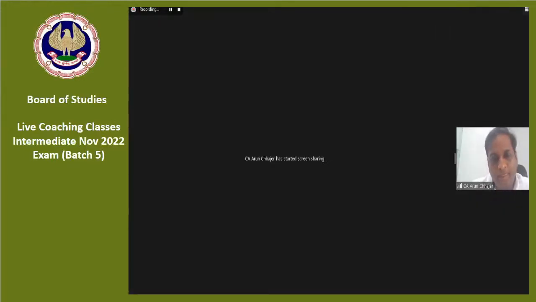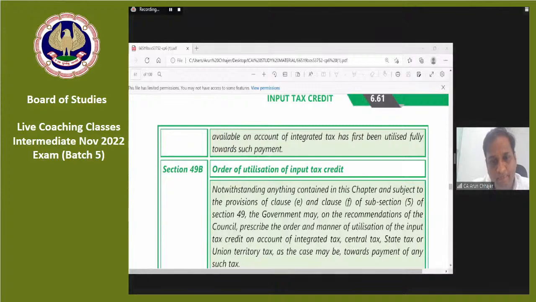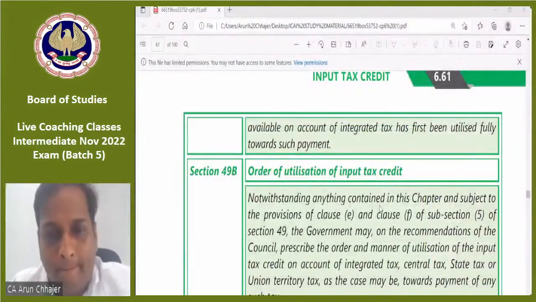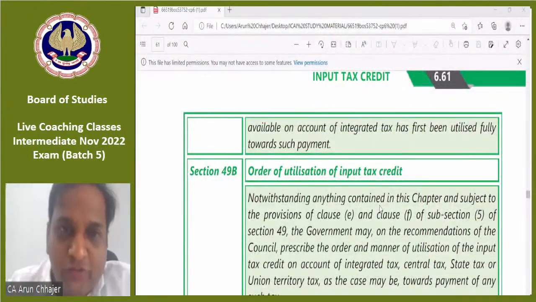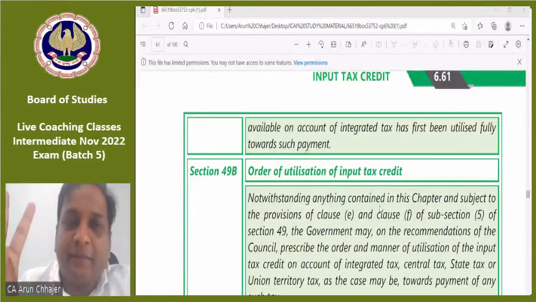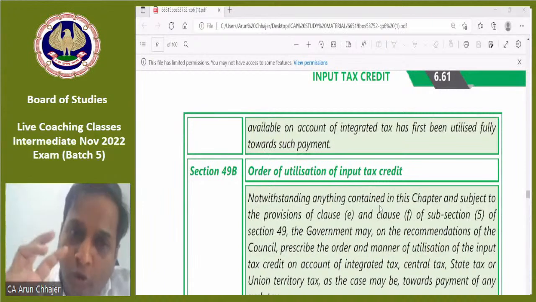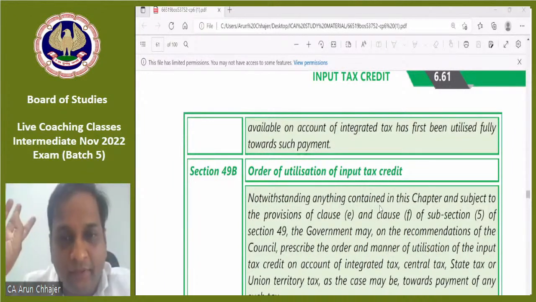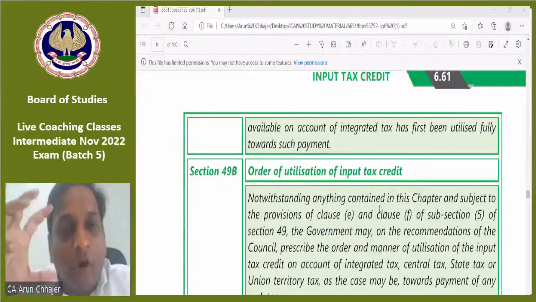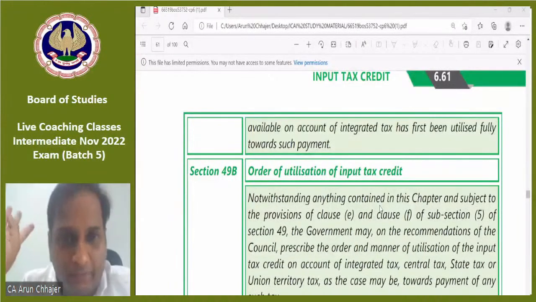Please confirm. Abhi, Ayush, in some time we will start the practical also. First, I have to complete 49B and the rules, then I will take the examples. Considering all the provisions, we will take 2 to 3 examples.